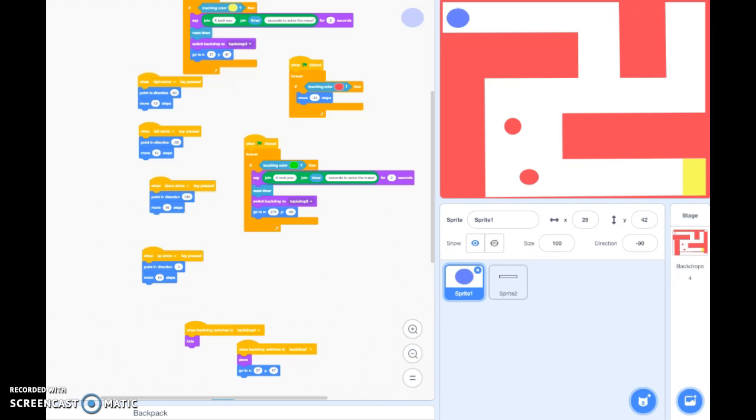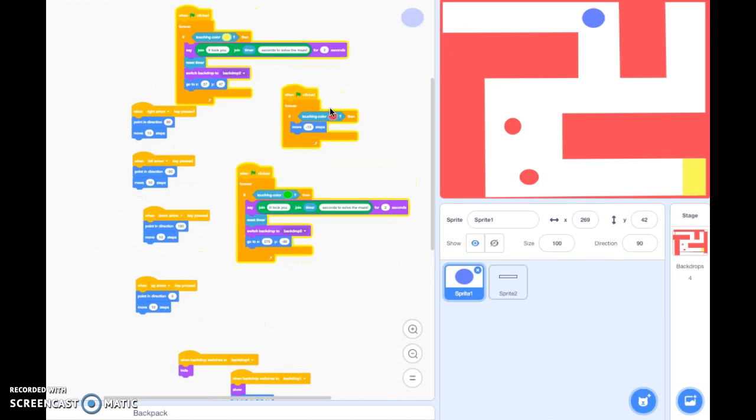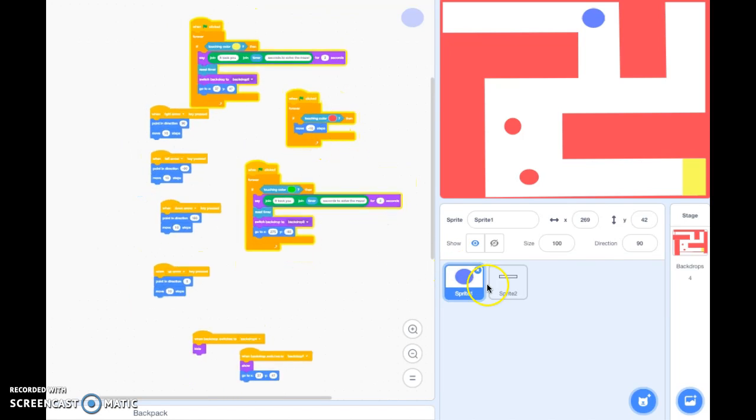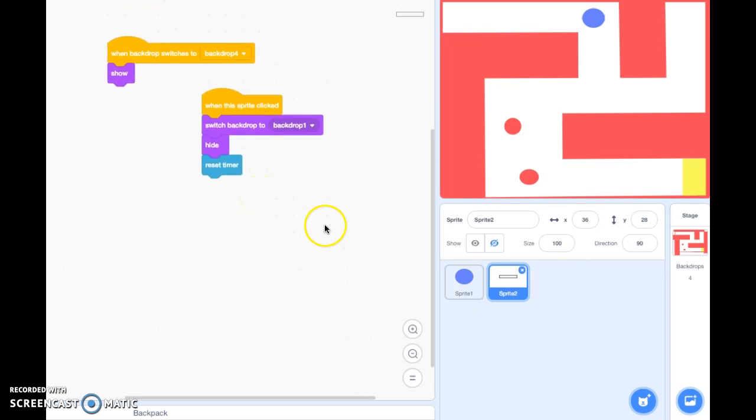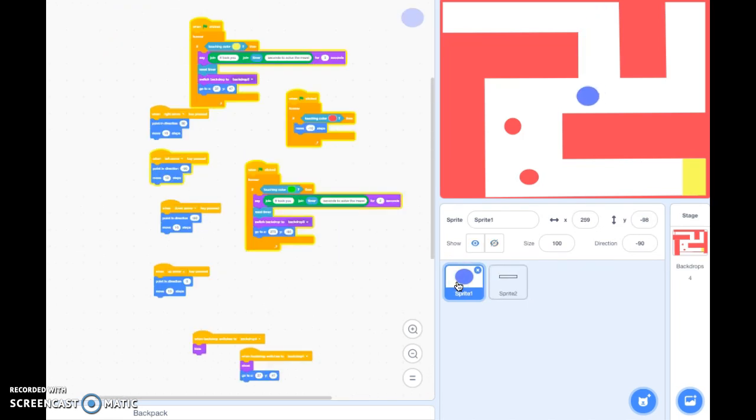So the first project I'm going to show is the maze that I made. There is all the coding for that, and here's what it does.